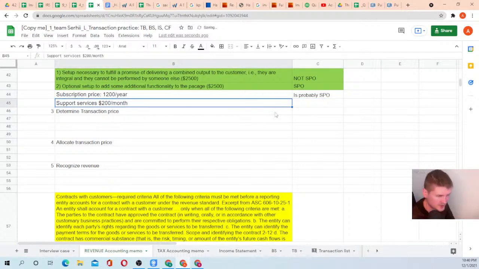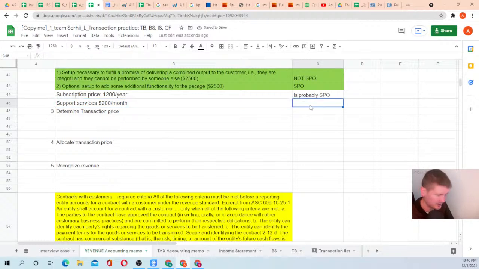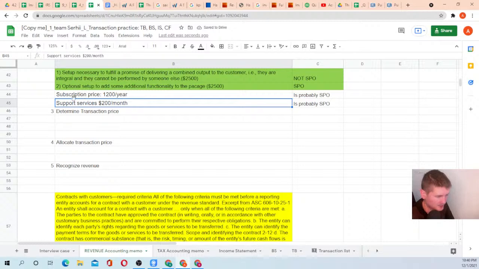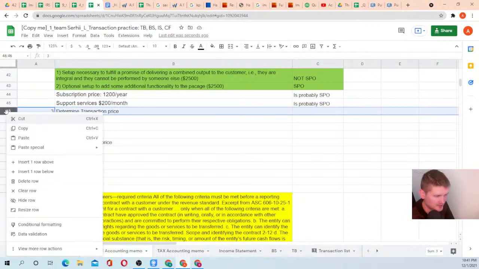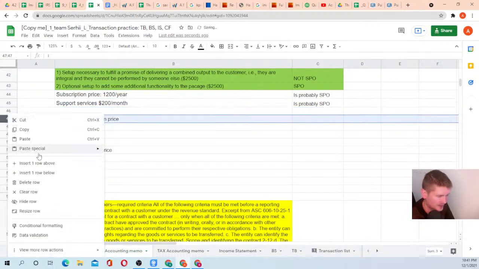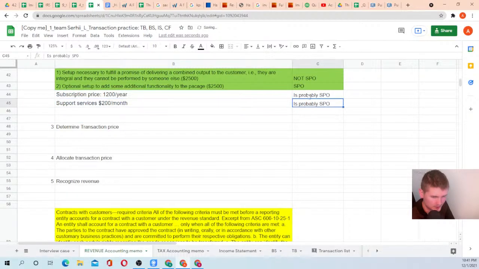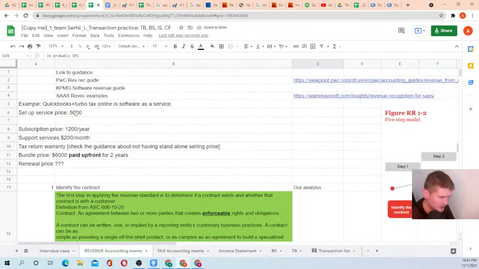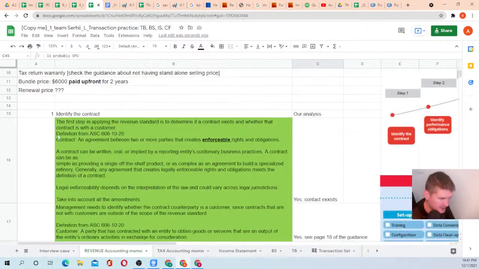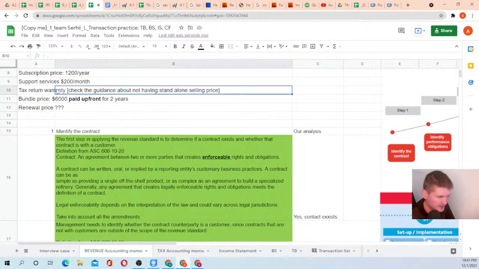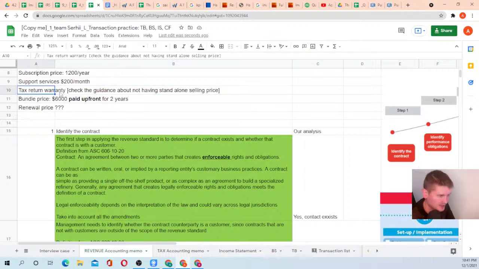And support services is also SPO. On the other hand, the pattern of consumption of both of these will most likely be the same, so there is not much sense in separating the two. Okay, do we have anything else? And we have tax return warranty, and I will need to check the guidance on that.